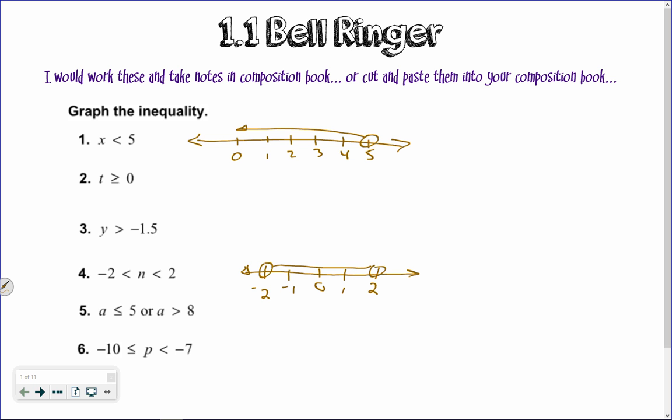And then an OR, on number 5, you got an OR, so you're graphing where? Graphing out on it, right? So that one's going 0 here. You got 1, 2.